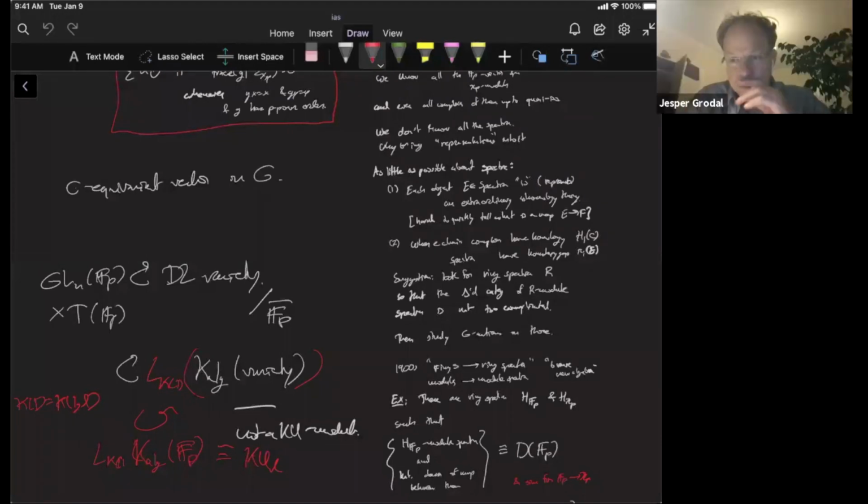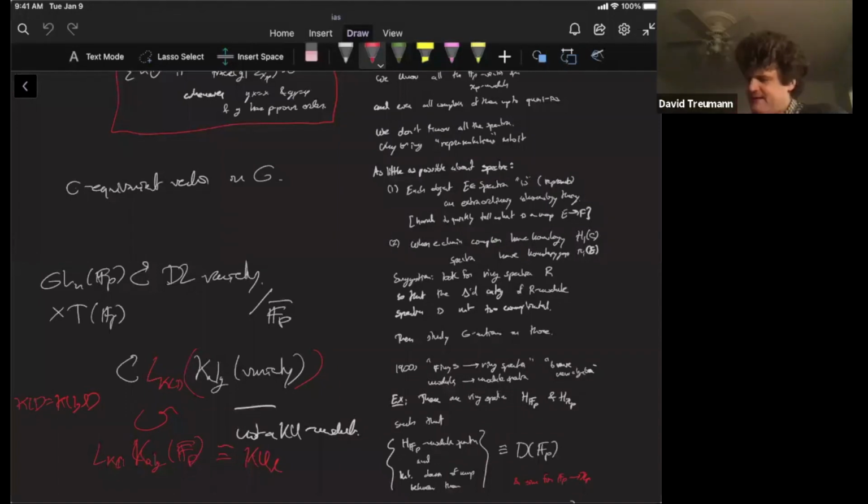Didn't you also have some sort of statement for non-abelian groups, or maybe a conjecture, where you get a formula for your representation ring in terms of centralizers of these elements of order prime to P? Yeah, correct.